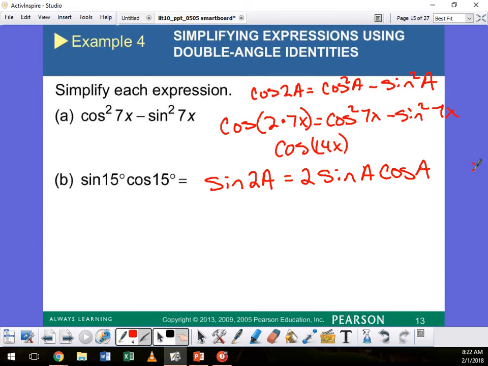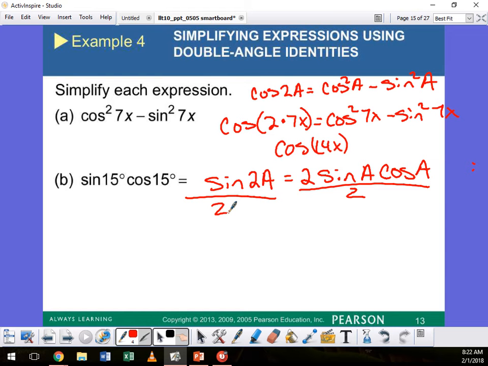What's different about my formula than this? It's missing the 2. Now, can I get rid of the 2? Yeah. Okay, what's 2 doing to my sine and cosine? Multiplication, right? So how do I undo a multiplication? Divide. Very good. So I'm going to divide it first. So this is my formula. I'm moving my formula to match what I need. Okay, so I'm going to divide both sides by 2.